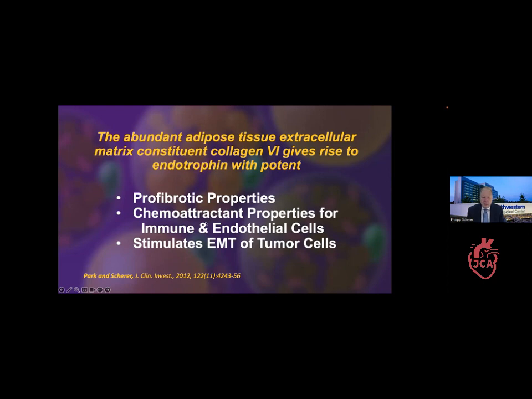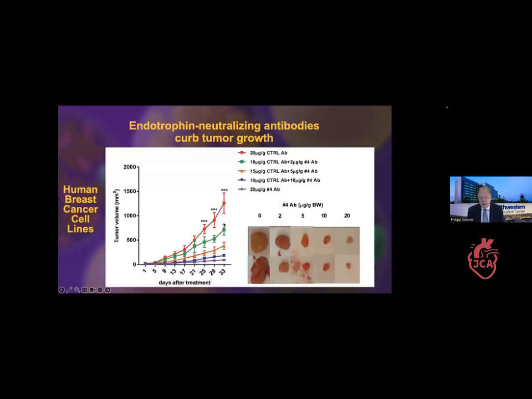It stimulates epithelial-mesenchymal transition of tumor cells associated with chemoresistance, and it overall acts as a potent mitogen for tumor cells in this context. We developed neutralizing antibodies against endotrophin. Again, that can be used very effectively in these cancer studies.